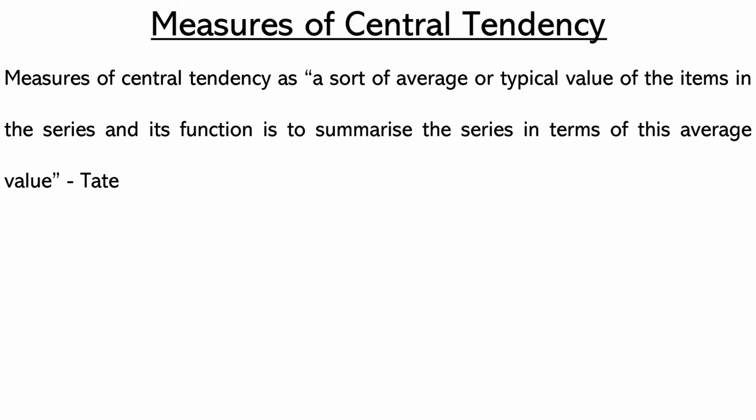So basically, in very simple terms, we can say that measures of central tendency identify the center point of a data set. So it identifies the center position in a given set of data.